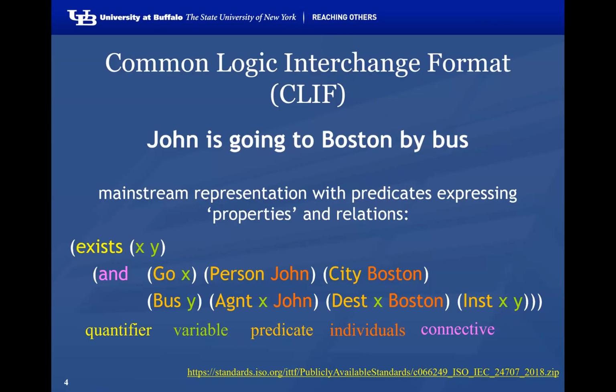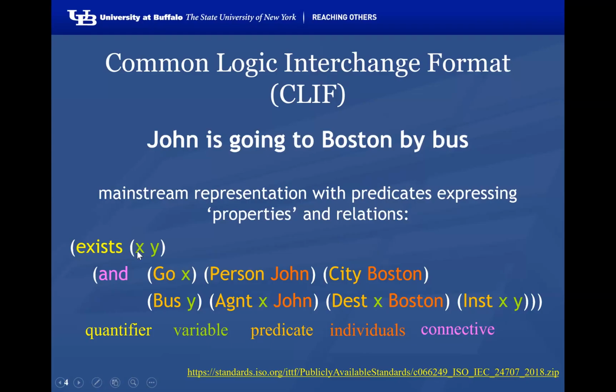Again, as a reminder, take, for instance, this sentence: John is going to Boston by bus. You could represent that by using first-order logic in the CLIF format in what I would call the mainstream representation. Mainstream representation being predicates, they express properties and relations.